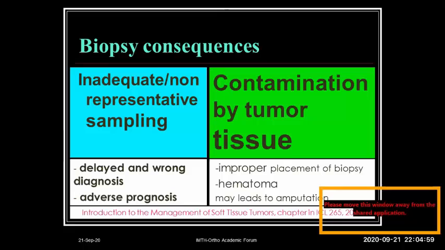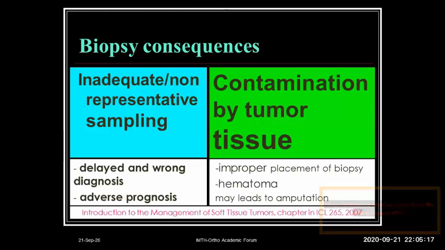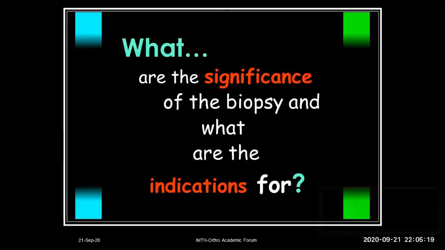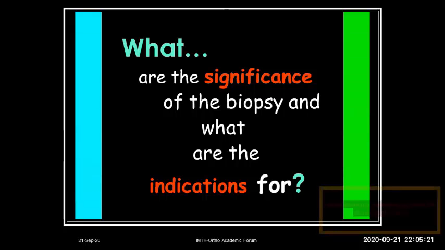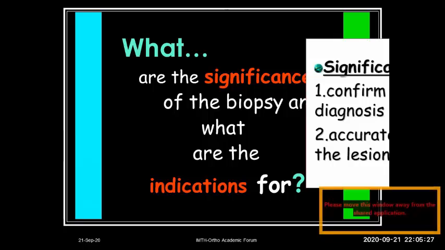The patient will run out of any possibility of doing something good, because he is going to have an amputation. Functionally, it is known that amputation is inferior to salvage procedures. So biopsy is critical. And what is the significance of biopsy and what are the indications for biopsy?